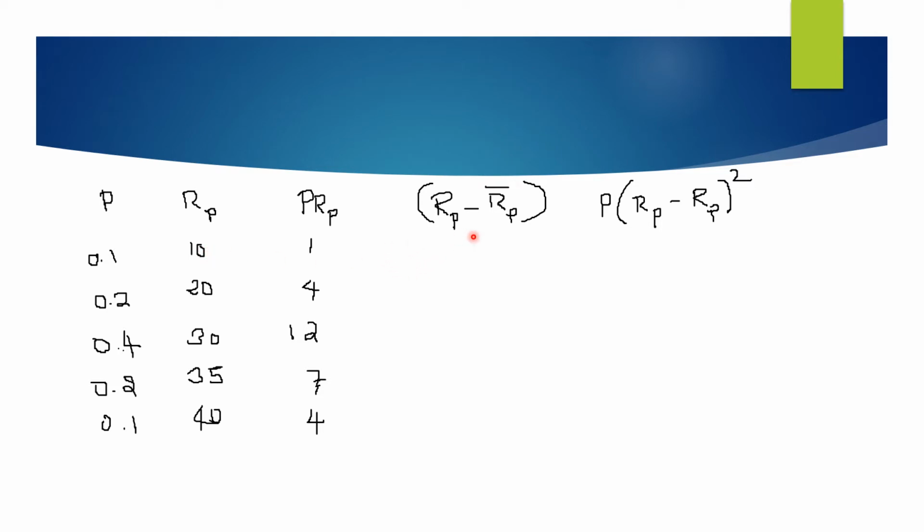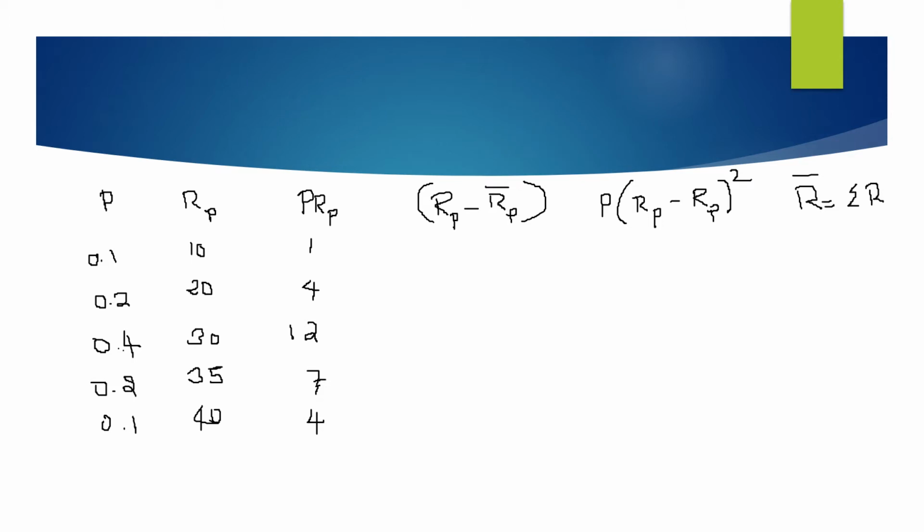Then we have to find out RP minus R bar P, because in the formula, the expected return R bar is nothing but the summation of R. Summation of R is R bar.